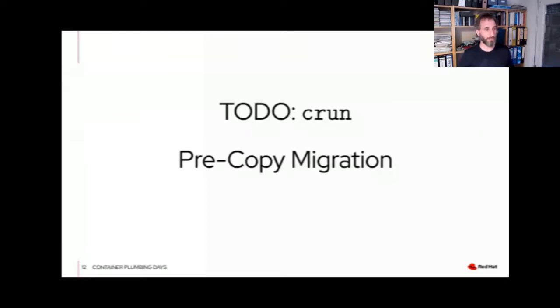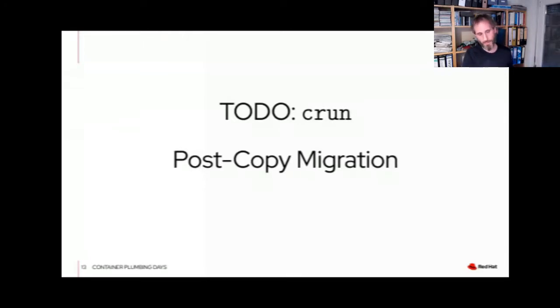What crun also cannot do yet is post-copy migration. This is also to decrease downtime during container migration. You do a minimal dump, transfer it to the destination, and then once the destination accesses a memory page, it goes through userfaultfd, and userfaultfd goes to CRIU and fetches the page from the source system to the destination system. So combining post and pre-copy migration should decrease your container downtime during migration.